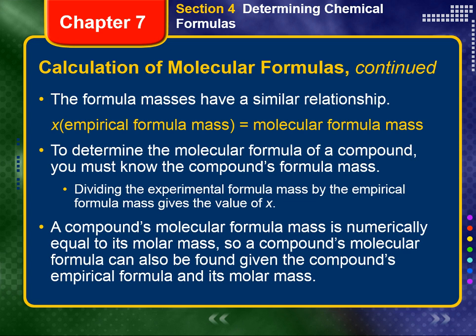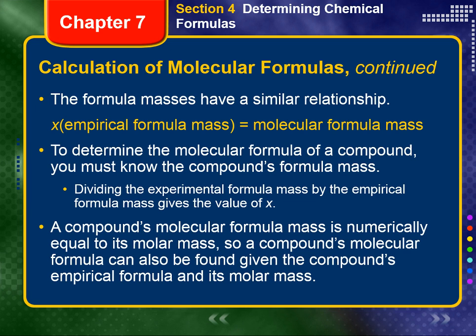To determine the molecular formula of a compound, you must know the compound's formula mass. For example, experimentation shows the formula mass of diborane to be 27.67 AMU. The formula mass of the empirical formula, BH3, is 13.84.